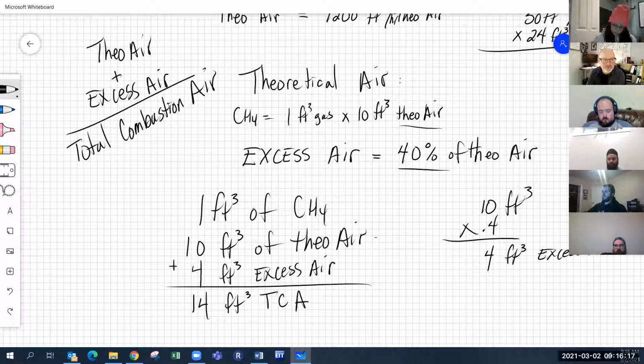So we add these two together to get total combustion air required to burn 1 cubic foot of natural gas, which needs 14 cubic feet of air.